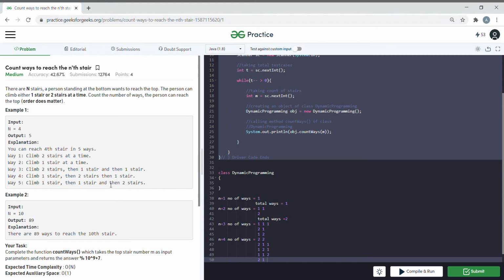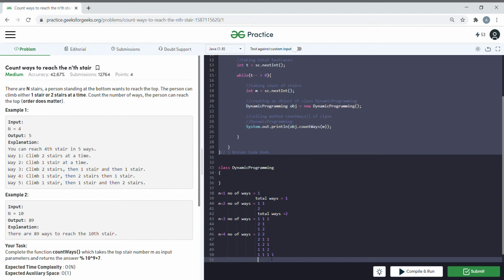There's 1 stair, 1 stair, and 2 stairs at a time, that's already done. 1 stair, 2 stairs, and 1 stair. Yeah, 2, 1, 1 is also there. And then climbing 1 stair at a time, yeah, this is what we've missed for the fourth possibility. So 1, 1, 1, 1. Which totally comes to 1, 2, 3, 4, 5. So the total number of ways a person can climb is 5.